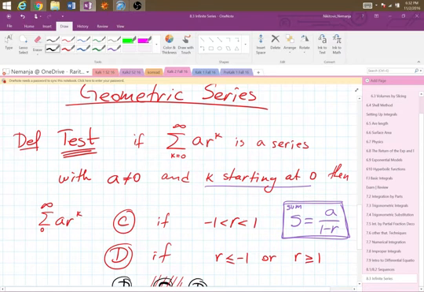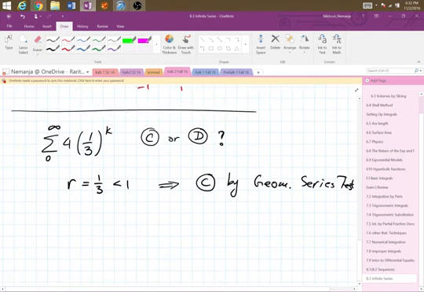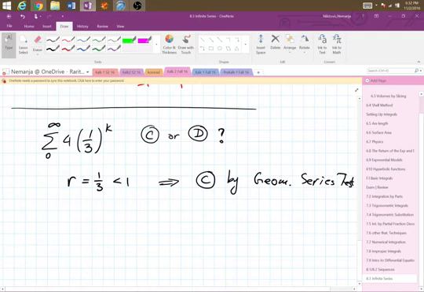So there is no calculation here, there is no computations, no procedures, no process, nothing. You look at this and you say a is 4, r is 1/3, 1/3 is in between these two numbers, the outcome is this. And now we can go ahead and compute the sum because we know it converges. That means if it converges, it has that one number that all of these infinity of terms add to.